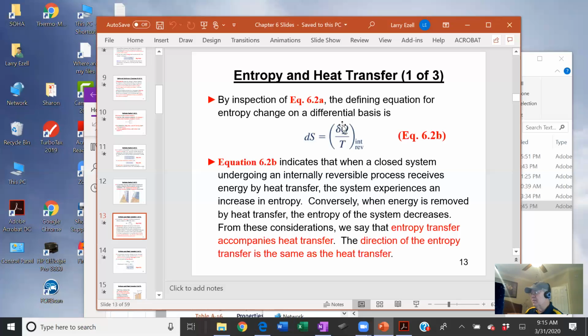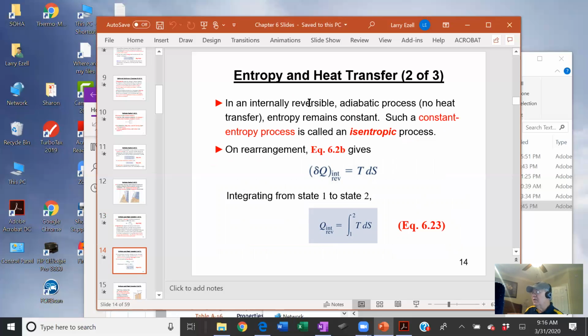So if the heat is coming into the system, this term is positive. Temperature is always positive, so the ds is positive, and the entropy increases with positive heat transfer. Conversely, entropy decreases with negative heat transfer. So when you have heat transfer going out of a system, the entropy is decreasing. So the direction of entropy transfer is the same as heat transfer. Great.